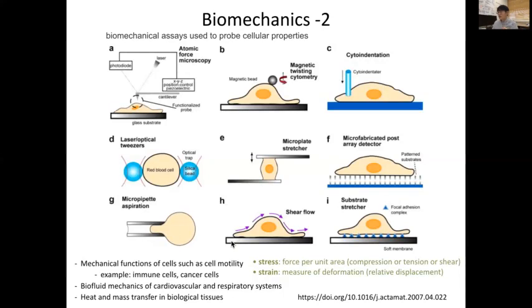And H, you can see on top of a substrate the cell, and you can see shear flow. This may be very important for studying endothelial cells, the lining cells inside our blood vessels, because in blood there's always a flow, and the properties of the flow and these endothelial cell interactions are very important in some diseases such as atherosclerosis.